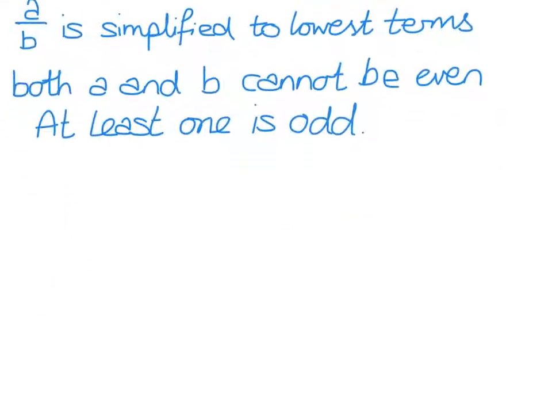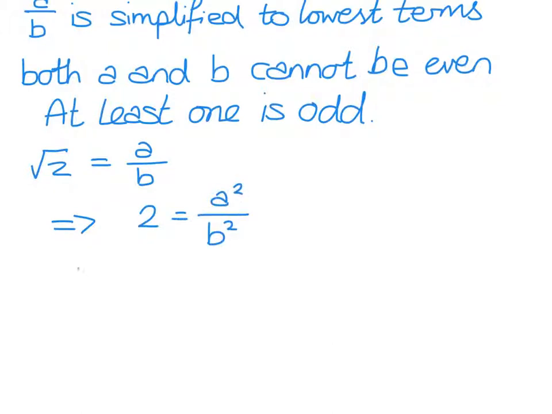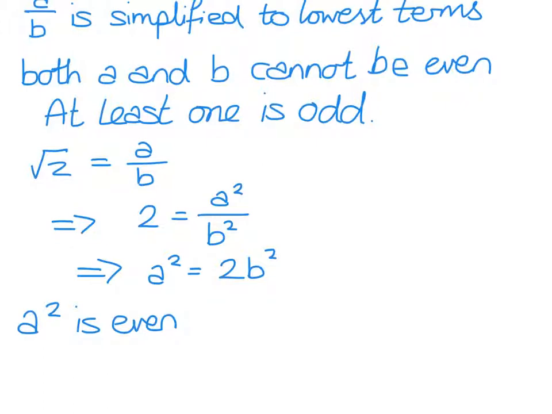Okay. So going back to our statement that root 2 equals a divided by b, this implies that 2 equals a squared over b squared, which we can rewrite as a squared equals 2 times b squared. So this means that the square of a must be even, as we can write a squared equals 2 lots of another square.